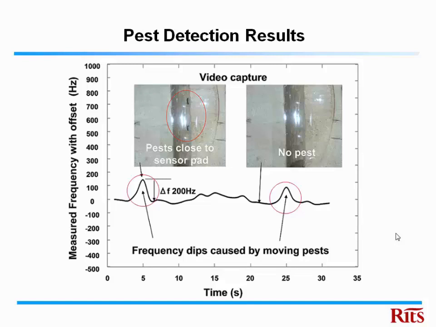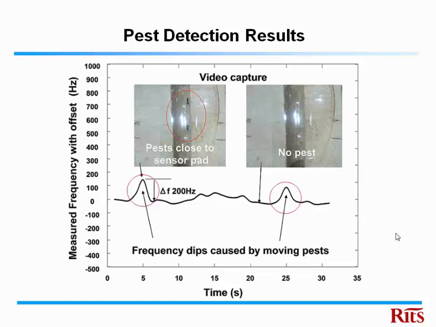So you can see 2 peaks there. These are actually 2 dips in the original 98 MHz. Anyway, you can see 2 peaks here, with about 200 Hertz, at about the 5-second time frame and the 25-second time frame. We confirmed that exactly at this time, one pest was crossing the pad area.